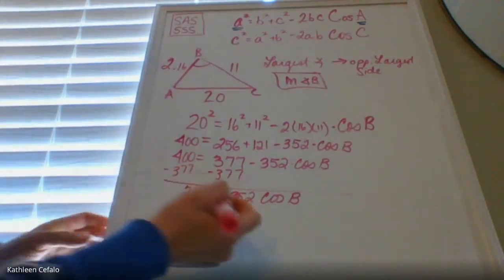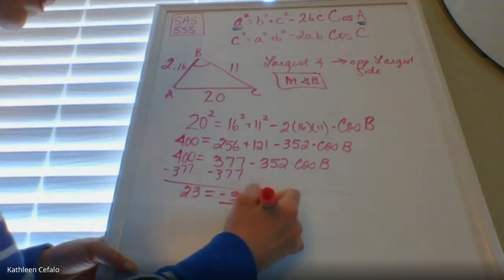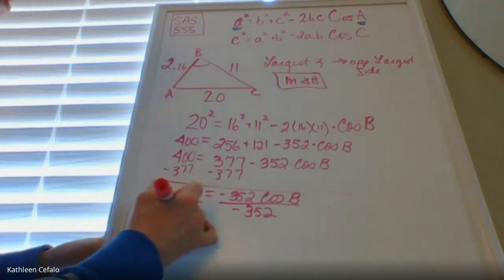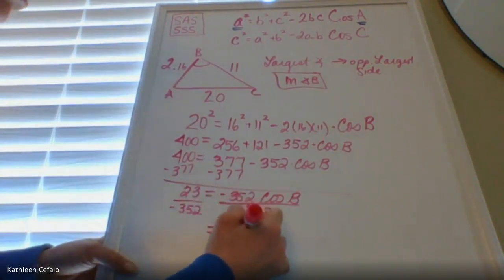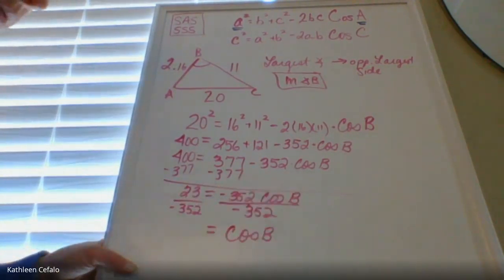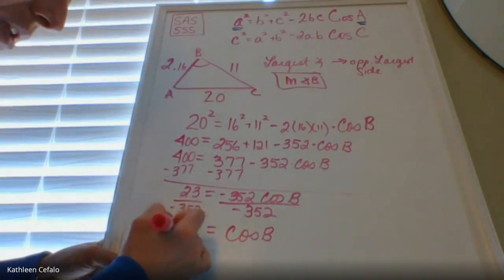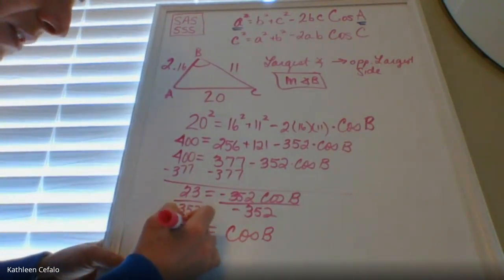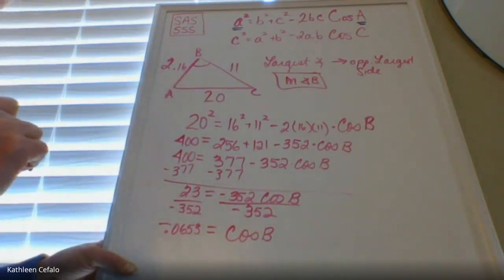So we have to divide by a negative 352. That's an easy place to make a mistake, and guess what? That's where my mistake was. So okay, we're going to go back. We're going to fix this up here. So you have 23 divided by negative 352. That's going to get you a negative 0.0653, and there's a whole bunch of places after that.